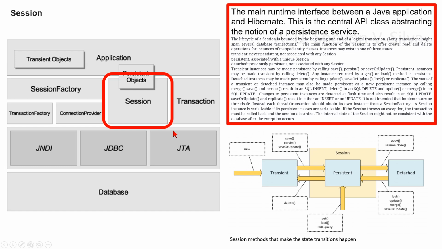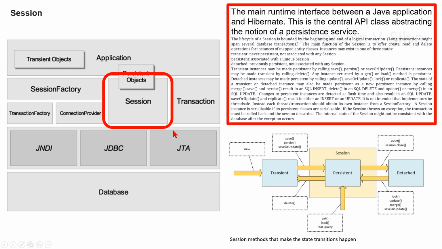Save and persist methods result in an SQL insert, delete method in SQL delete, and update method or merge method in an SQL update. Changes to persistent instances are detected at flush time and also result in an SQL update.